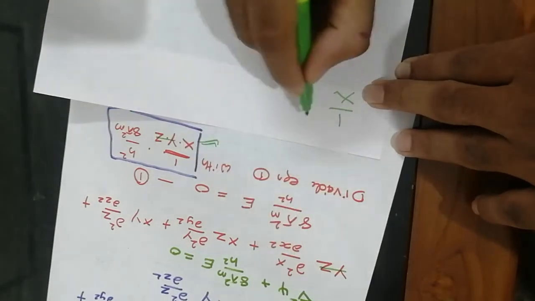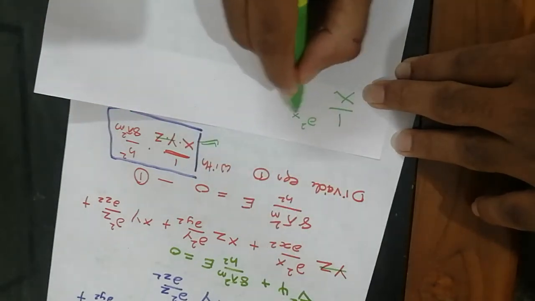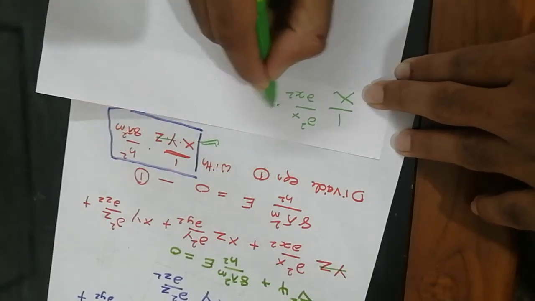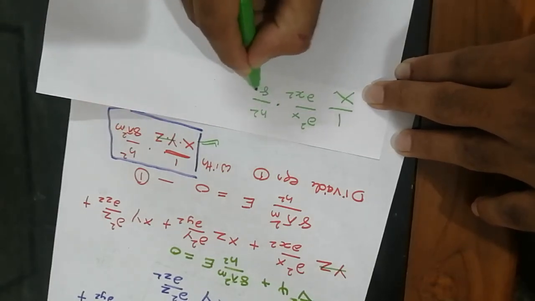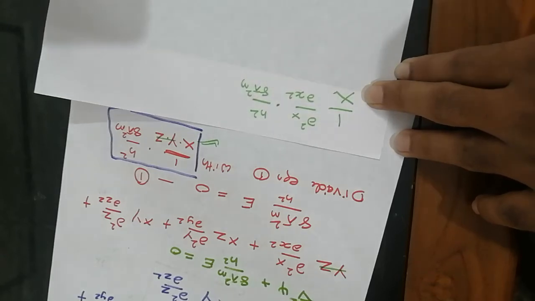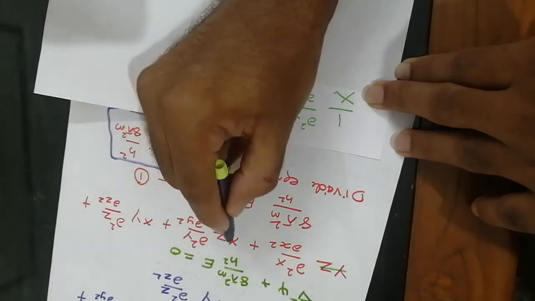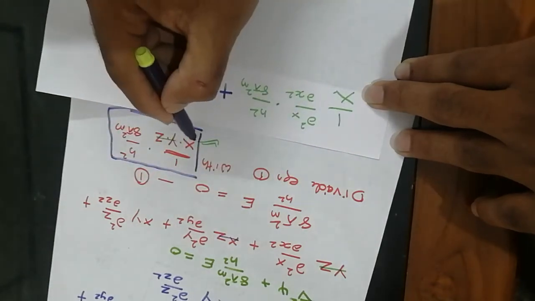Then this term dou square x by dou x square, then this term h square 8 pi square m, plus. Now in this case xz and xz cancelled.